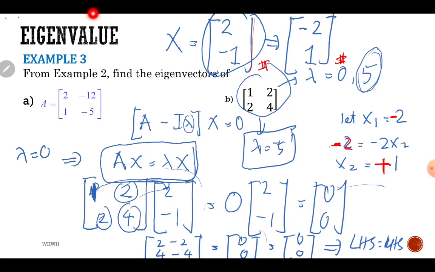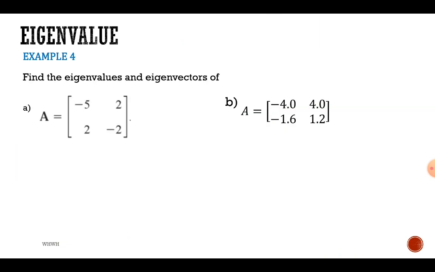How to show? You buktikan AX sama dengan lambda X. Alright. So again I repeat, your first classwork submission is for lambda equals to 5. Find its eigenvector. Alright, now we move to the last example, example 4.